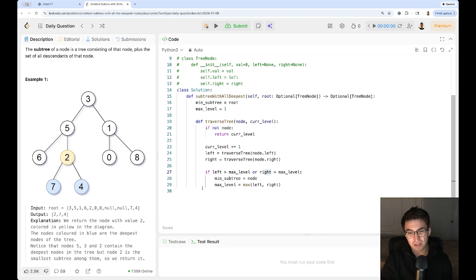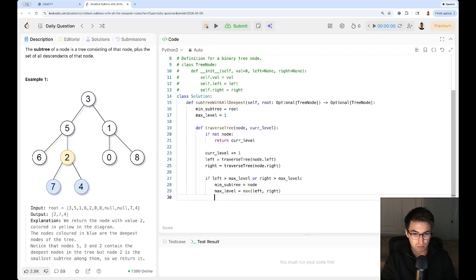So if left or right are equal to the max level, let me just make a little mental note. If left or right are equal to the max level, that would mean that the ancestor node, the node that they share in common, is the node that needs to be returned.